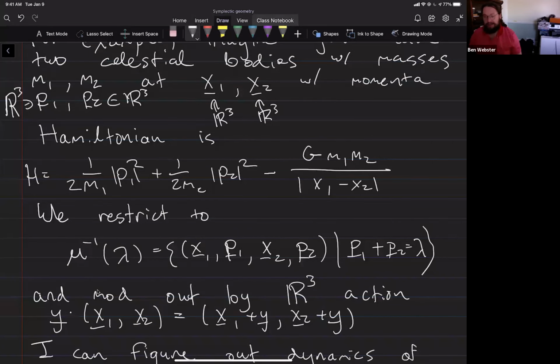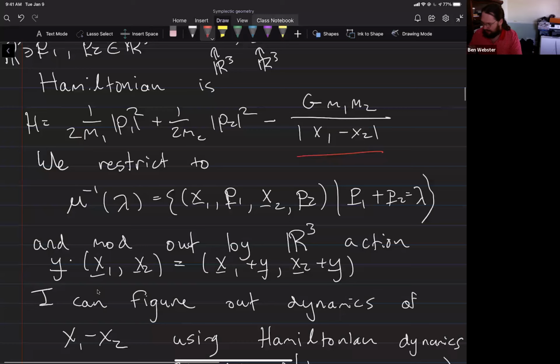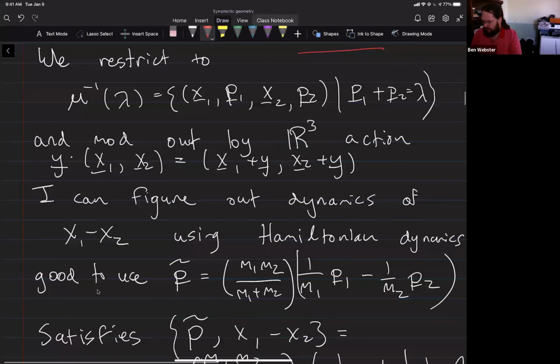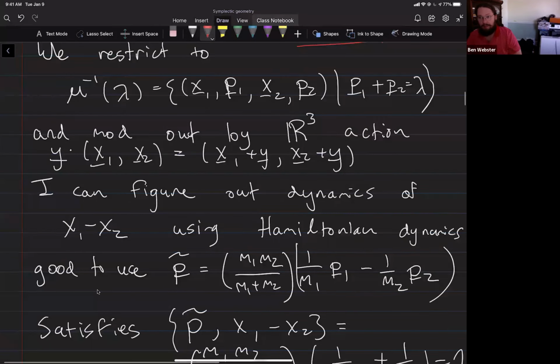So the Hamiltonian here has a contribution from the kinetic energy of the sun and the kinetic energy of the earth, which is the respective momenta squared divided by 2m1 and 2m2, the two different masses. And then there's this gravitational potential energy term here. So doing symplectic reduction means we restrict to this moment map level and we mod out by simultaneous translation by R3.